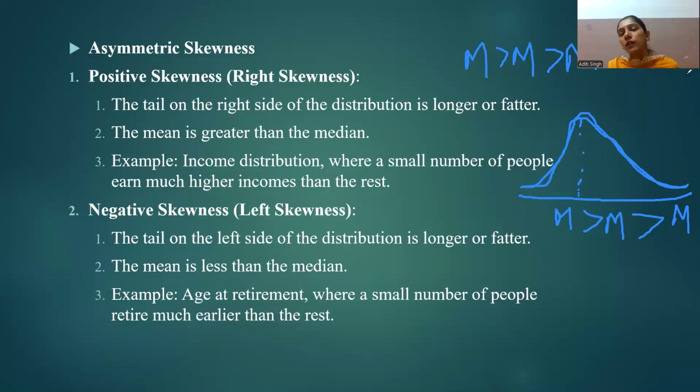So if in a household six members are earning, and out of six, two are earning medium income and four are earning high income, it creates a longer tail.